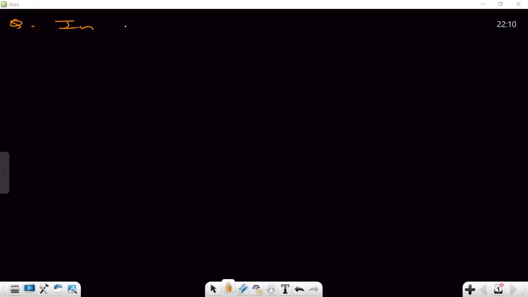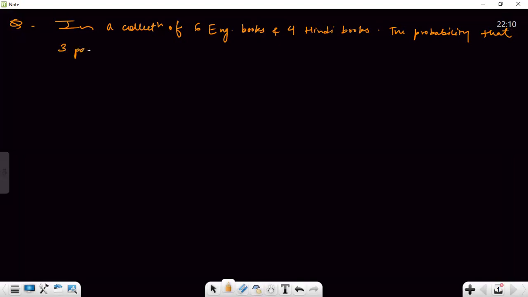The question is, in a collection of 6 English books and 4 Hindi books, the probability that 3 particular English books will be together is what we need to find out.